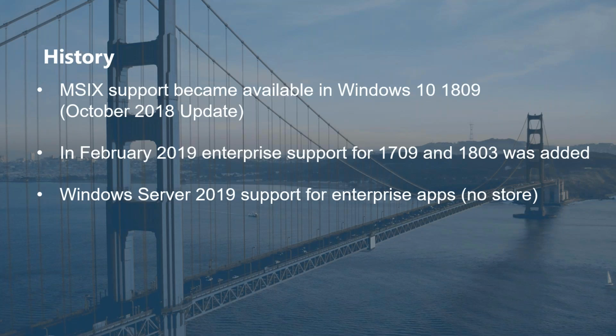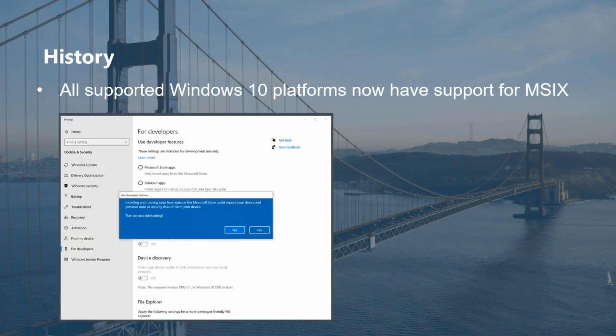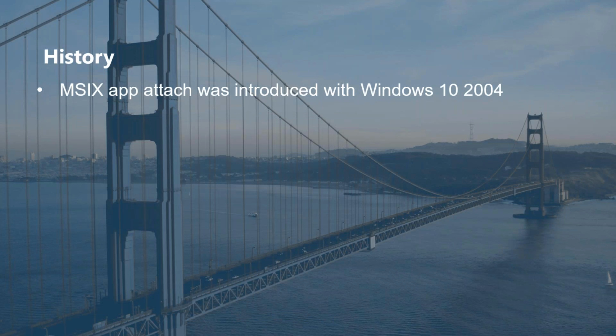Basically, I told you what the benefits are. What I want to cover in these slides is that nowadays every Windows 10 version supported by Microsoft now has support for MSIX. You don't have to enable side loading, and again, if you're looking at the latest Windows 10 versions, you're basically good to go using MSIX.